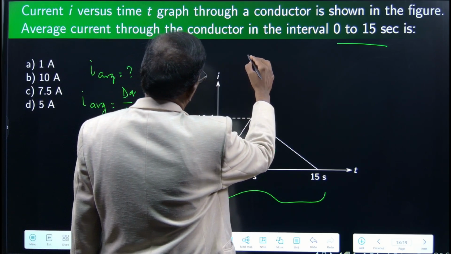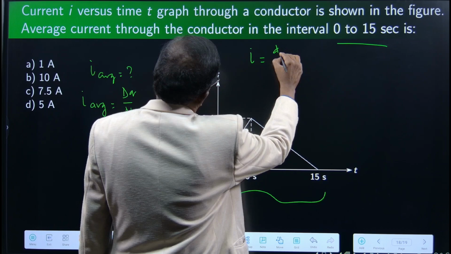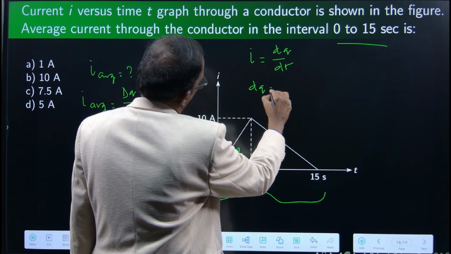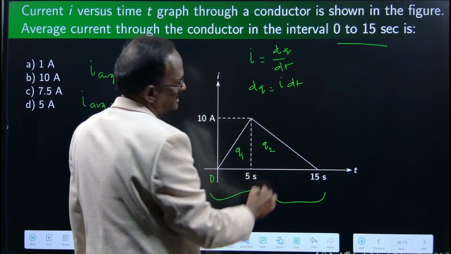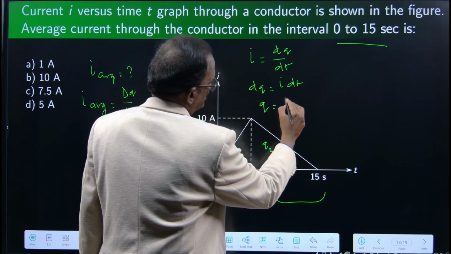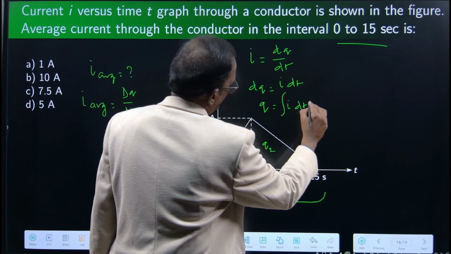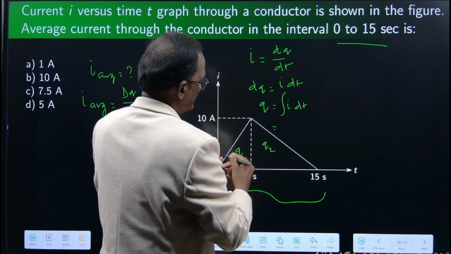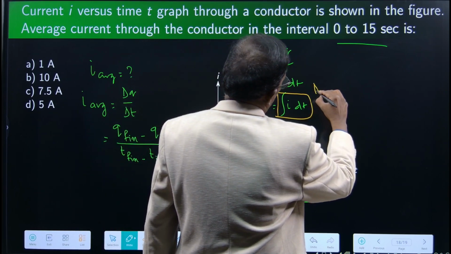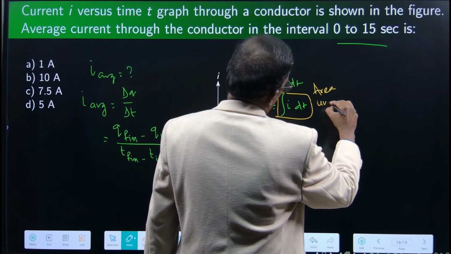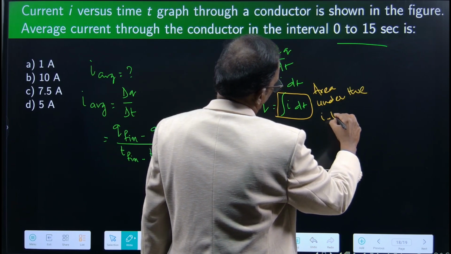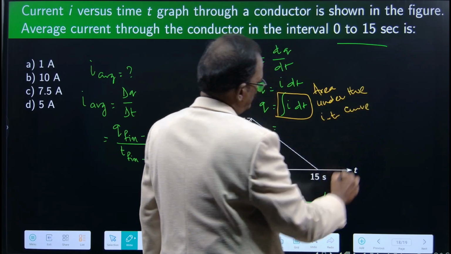So I is equal to dq by dt. dq is equal to I into dt. If you integrate both sides, Q is equal to the integral of I dt. This means the area under the I-T curve.